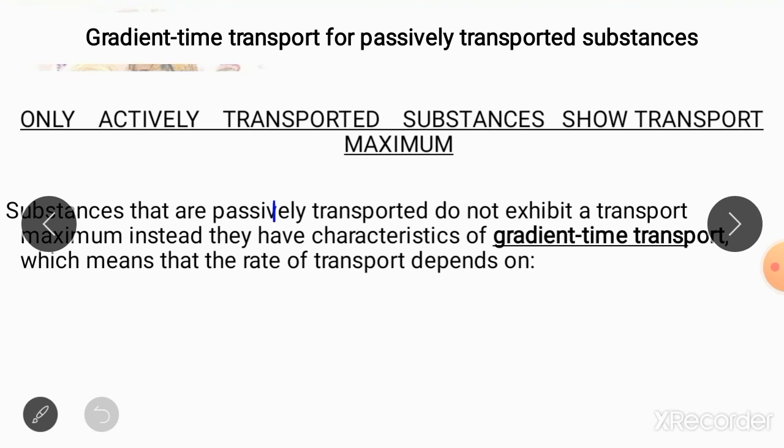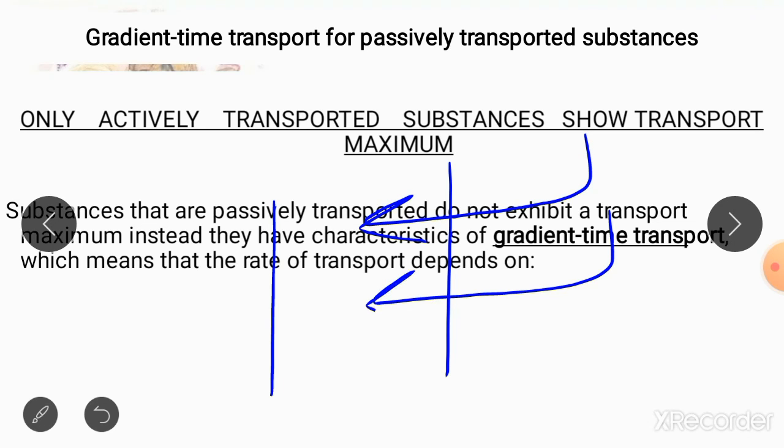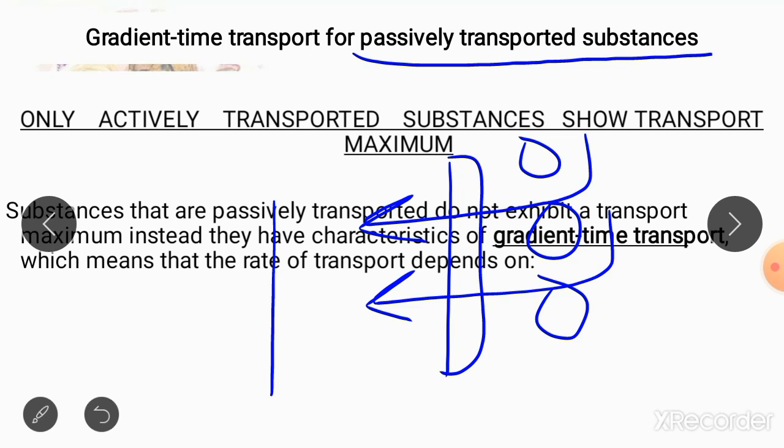So in a passively transported substance, the greater the gradient, the greater will be the transportation, and the greater the time the substance stays in contact with the luminal wall, the greater will be the transportation. So in passively transported substances, there is no transport maximum, and it only depends upon the gradient and the time for which the solute comes in contact with the surface of the epithelial cells, so that it can be reabsorbed.